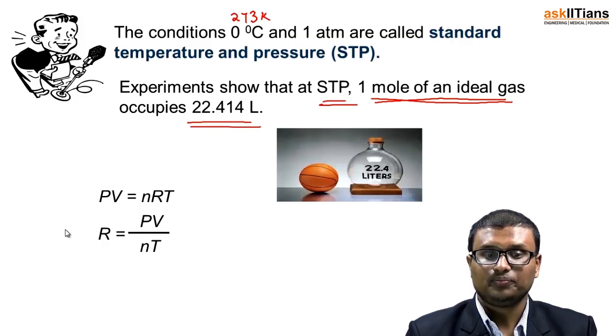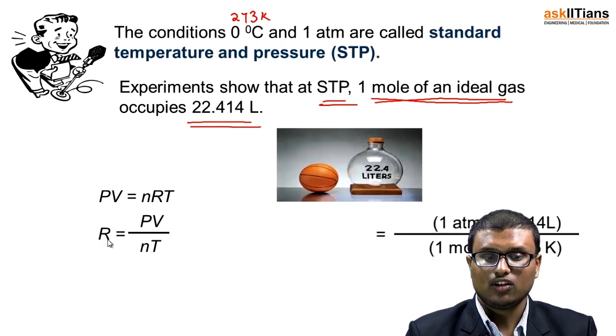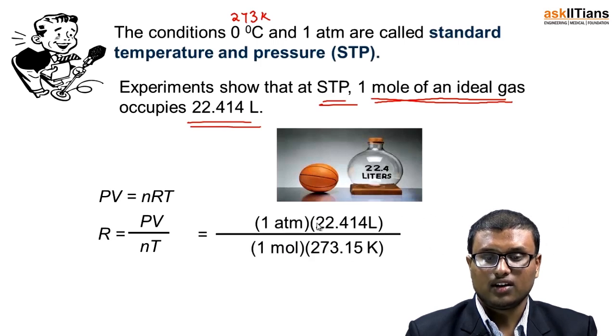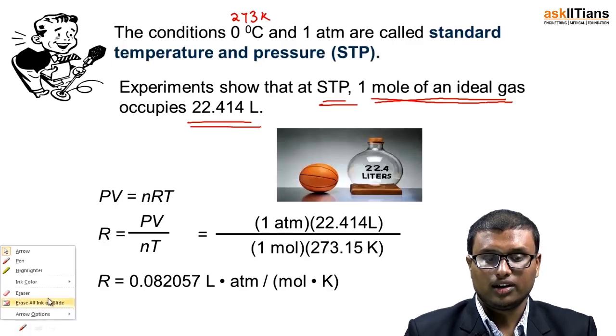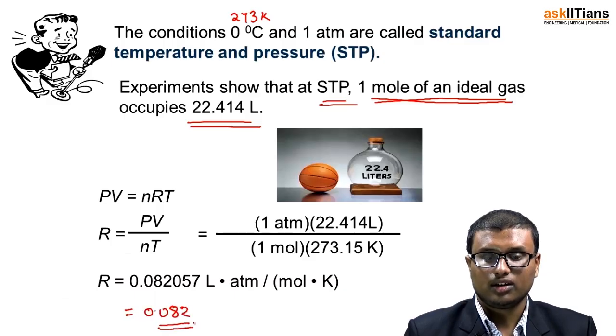So at STP, I can find the value of R. R is nothing but 1 atm into 22.414 divided by 1 mole into 273.15. So R is 0.0820, and the R value is also written as 0.0821. It is approximately equal to 0.0821.